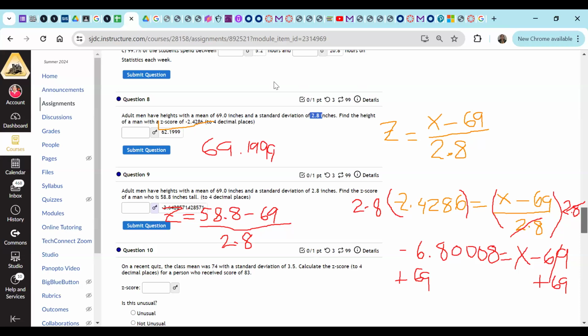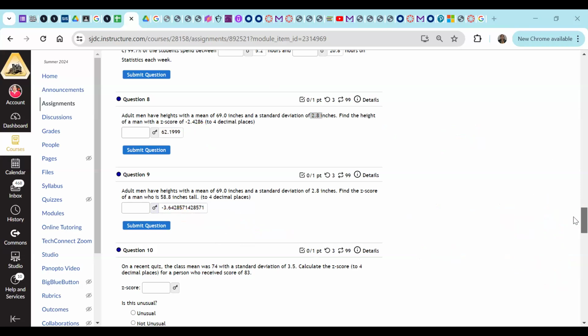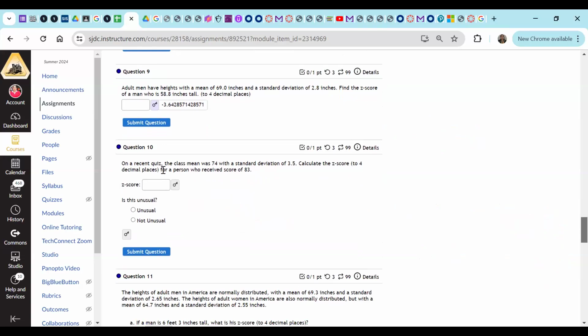About to erase all the calculation. If there is any question, anything that you wanted to ask and verify, let me know. Okay, taking us down here to question 10. It says on a recent score, the class mean was 74. Standard deviation is 3.5. Calculate the z-score to 4 decimal places for a person who received a score of 83.